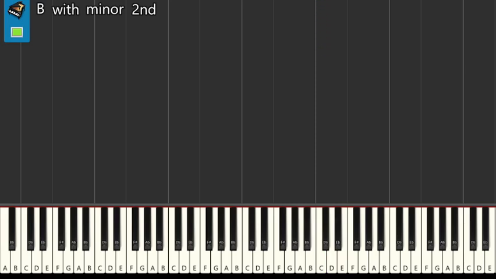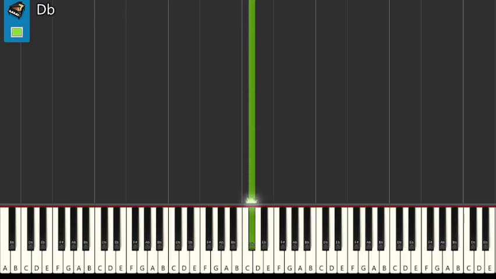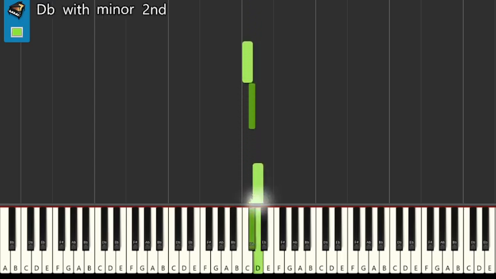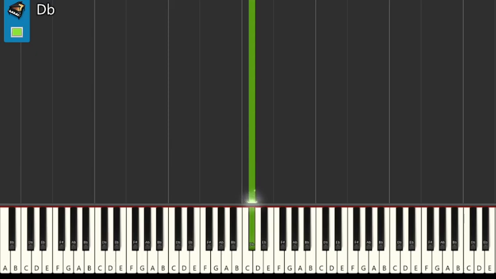Now when you look at the black notes, if we have this note here, which I told you is either a C sharp or a D flat. These black notes, anything lower or higher is whatever the letter name is.